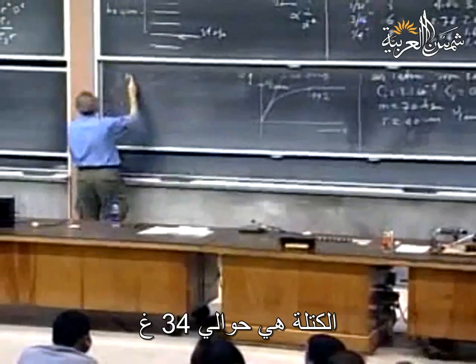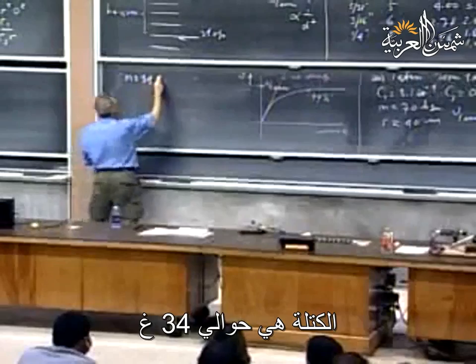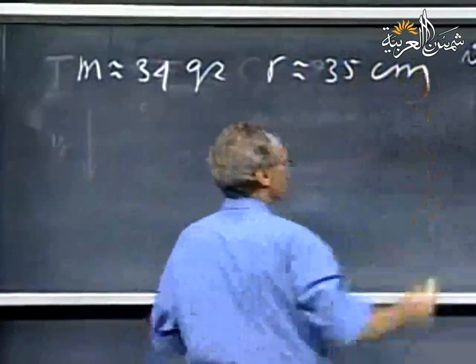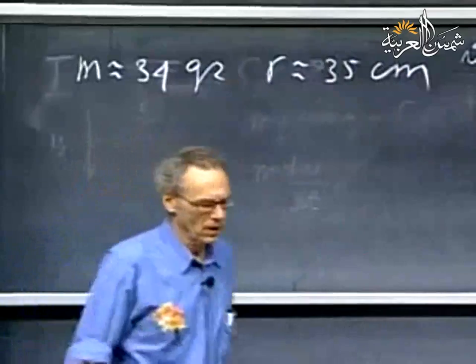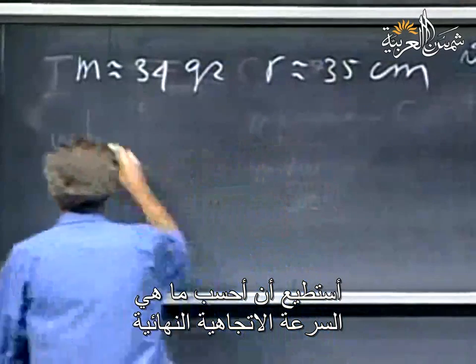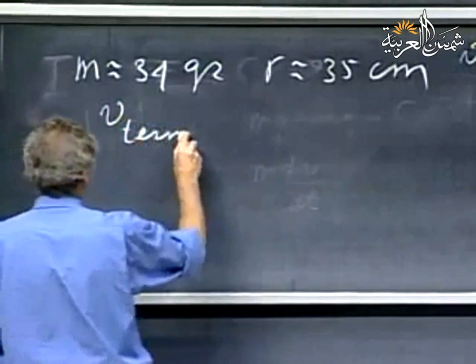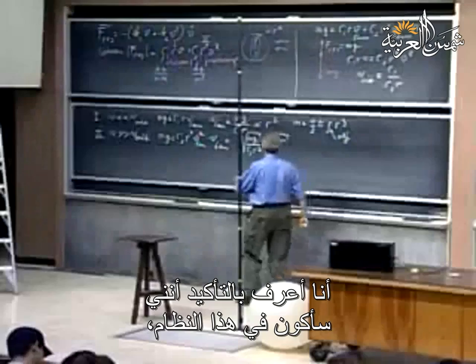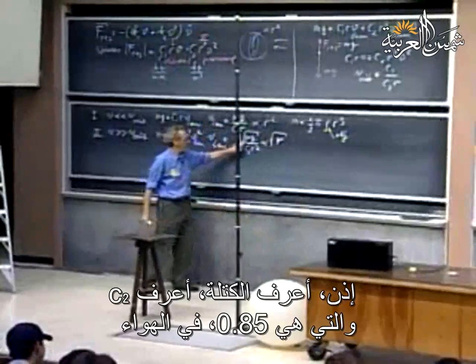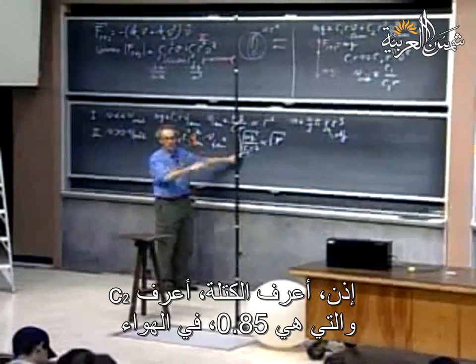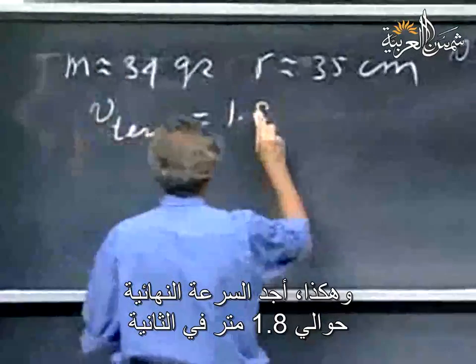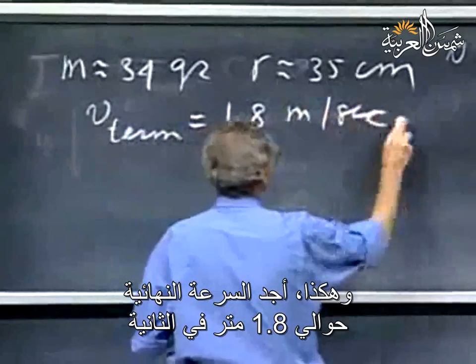The mass is about 34 grams, and the radius is about 35 centimeters, about 70 centimeters across. I can calculate what the terminal velocity is. A better name would be terminal speed. I know I'm definitely going to be in this regime. So I know the mass, I know C2, which in air is 0.85, I know the radius and I know g. And so I find about 1.8 meters per second.